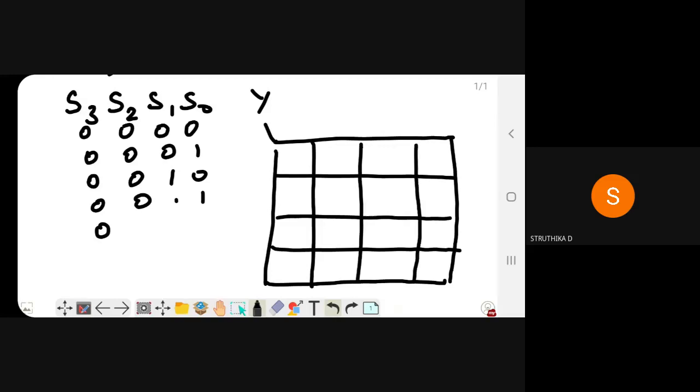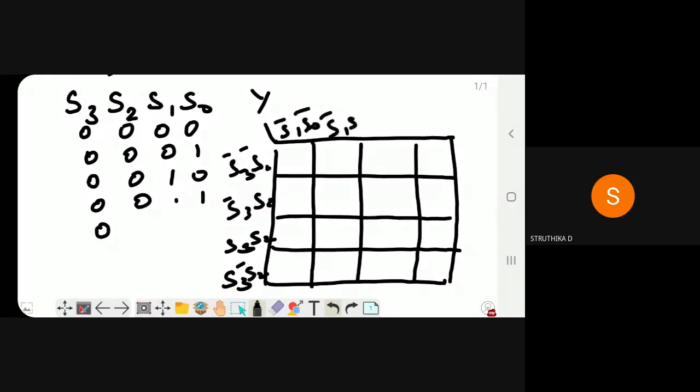S3 bar, S2 bar, S3 bar, S2, S3, S2, S3, S2 bar; S1 bar, S0 bar, S1 bar, S0, S1, S0, S1, S0 bar.